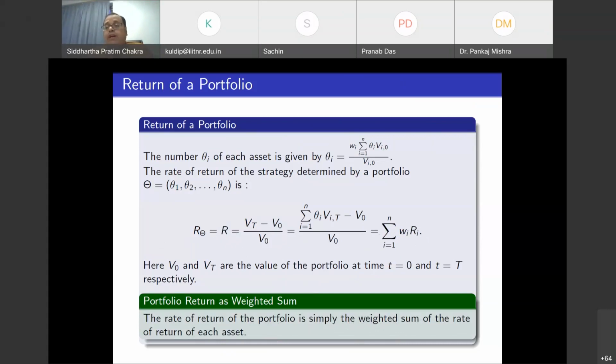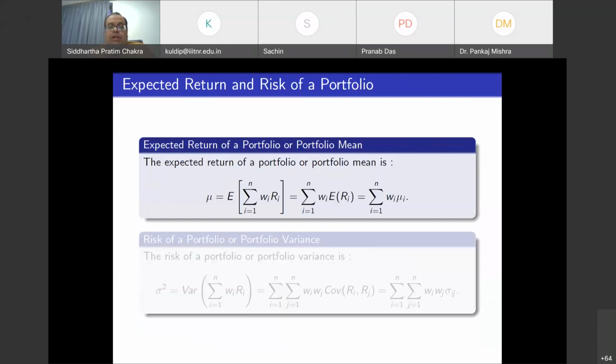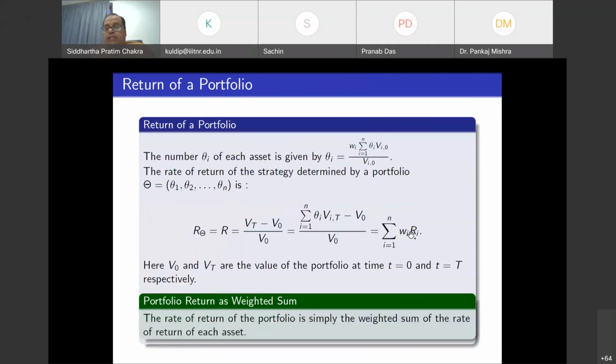So starting off with the return of each individual asset, I have moved on to the return of the portfolio as a whole. Remember that these Wi's are of course fixed quantities, because Wi is determined using your investment amount at the initial time, which is a known quantity. But each Ri individually is a random variable.